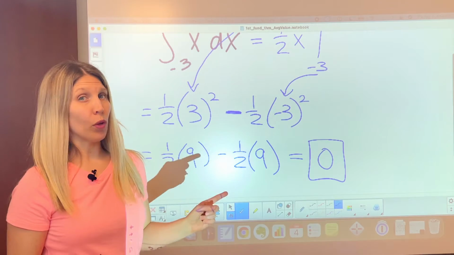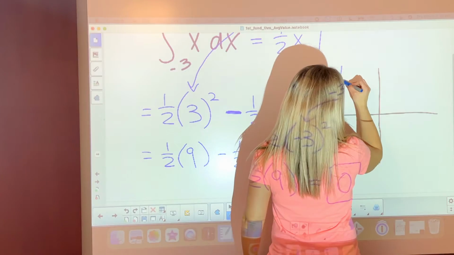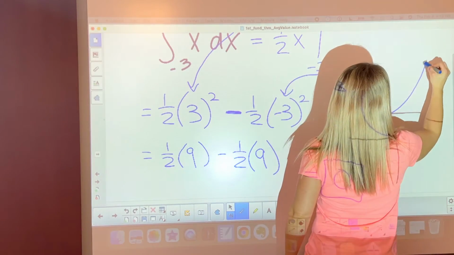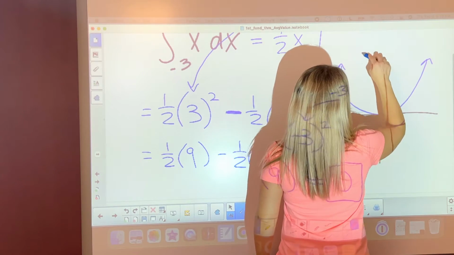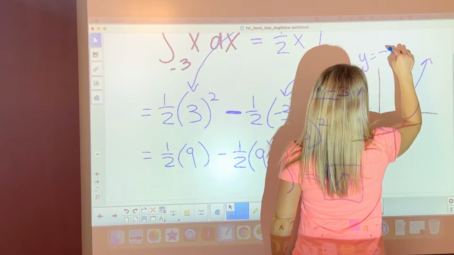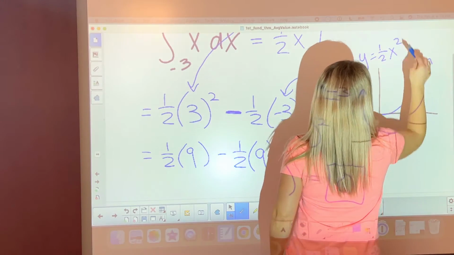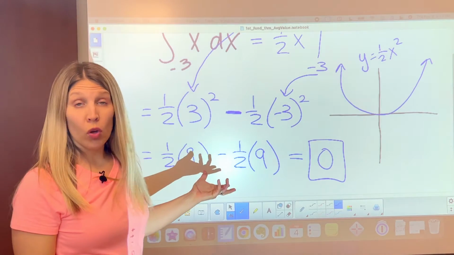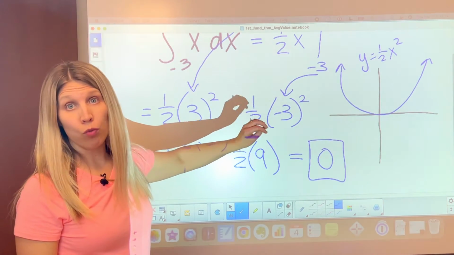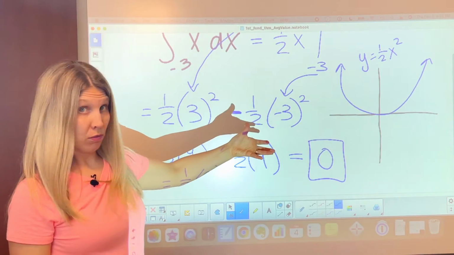Let me show you quick what this function looks like. If I were to draw this function, that's a rough sketch of 1/2 x squared, correct?